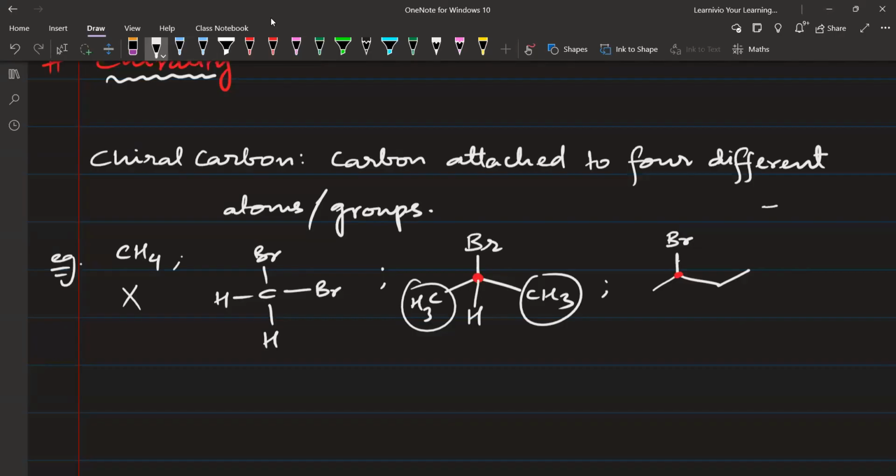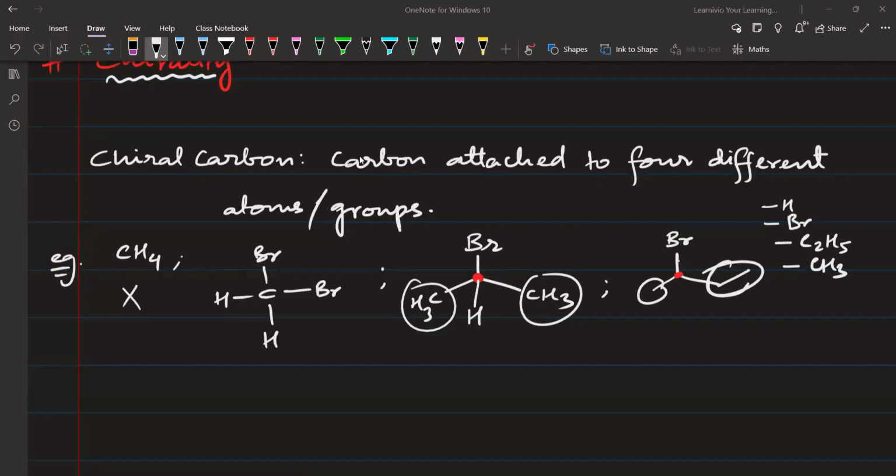One is hydrogen, one is Br, one is CH2 and CH3. No, this complete thing is one group. This is C2H5. And then here we have methyl, this is CH3. So, chiral carbon is done.